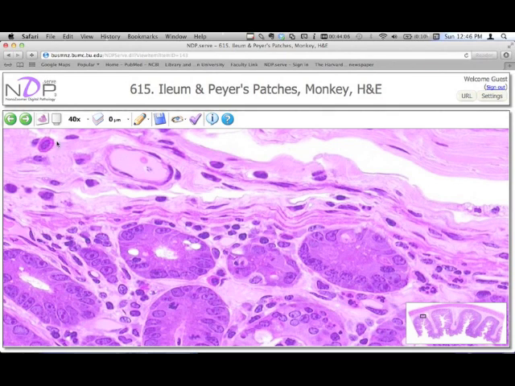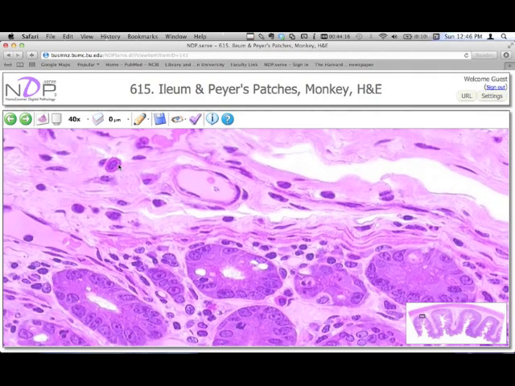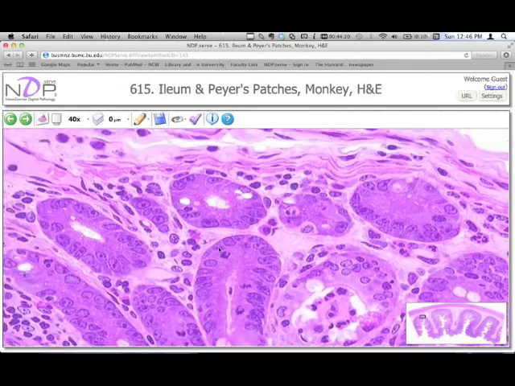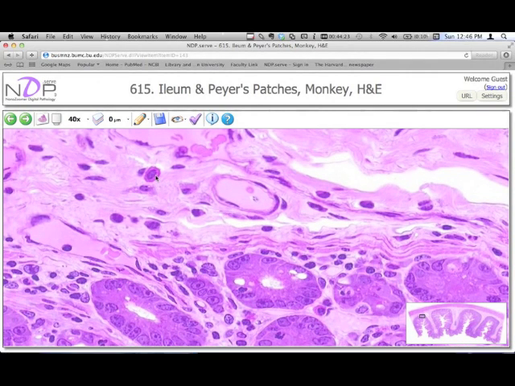If we go up here in the same field, we can see one round central nucleus. This is actually a nice example, and sort of the pink granules that we associate with eosinophilia. Now notice though that the granules are a little less distinct here, and this is probably a fixation artifact.